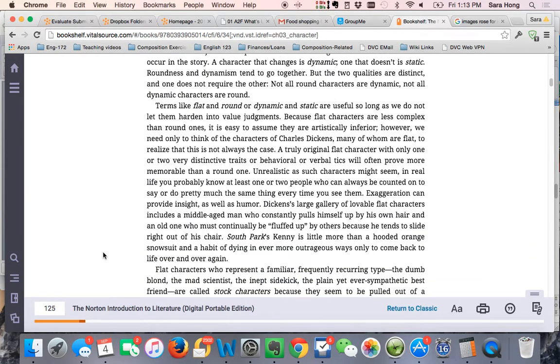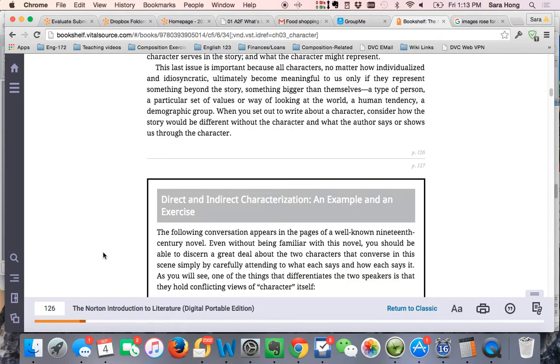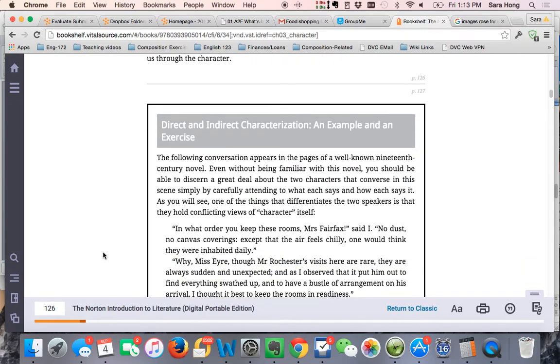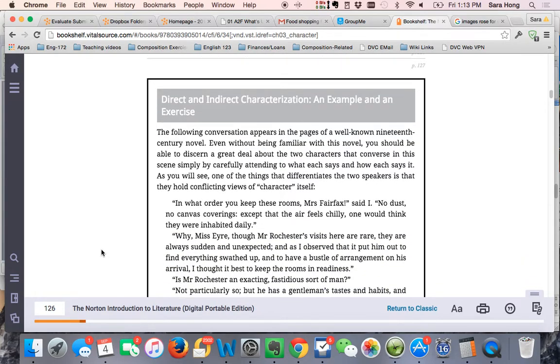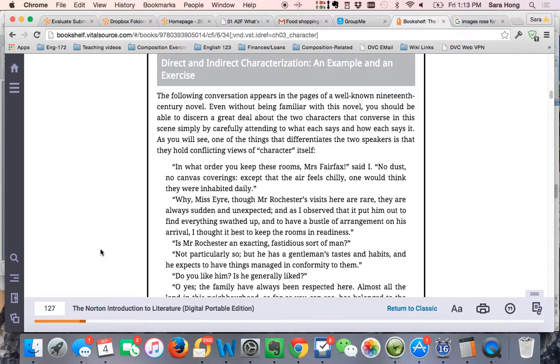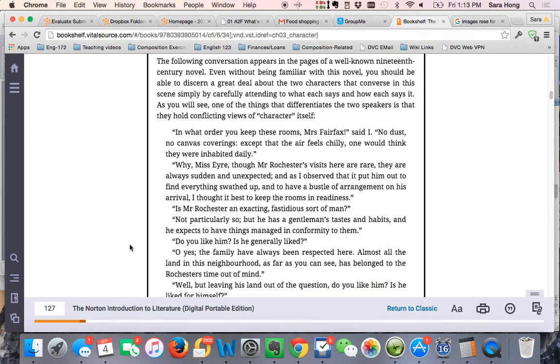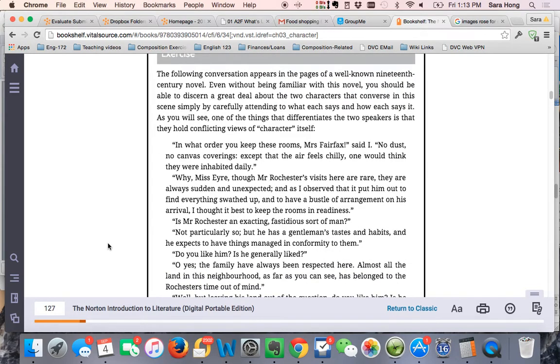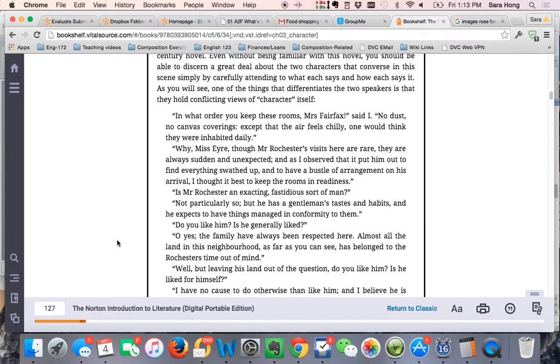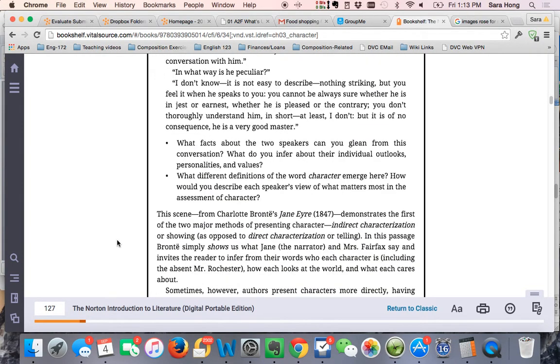It's an exercise on reading character. I don't know if you already read Jane Eyre, but she's one of the heroines that really shaped my childhood. And I hope you get a chance to read Jane Eyre sometime soon if you haven't done so already. This is an excerpt from Jane Eyre.